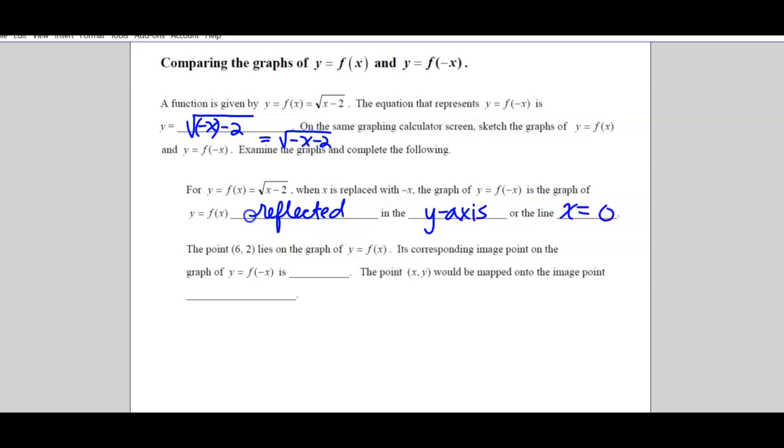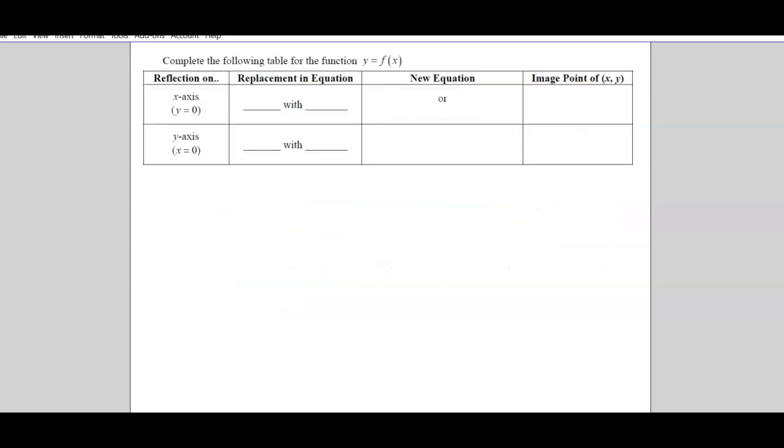If we've got the point (6, 2) on the original and do this reflection in the y-axis, our new point is (-6, 2). In general, that's (-x, y). We're just changing the sign of those coordinates.